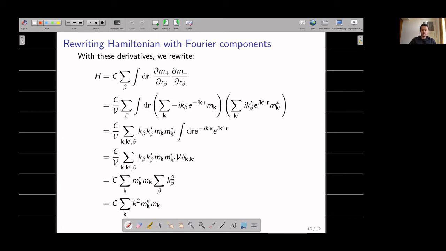And so now, what can we say? How is this related to the harmonic oscillator? Here, as you can see, we have mk complex conjugated, and mk.